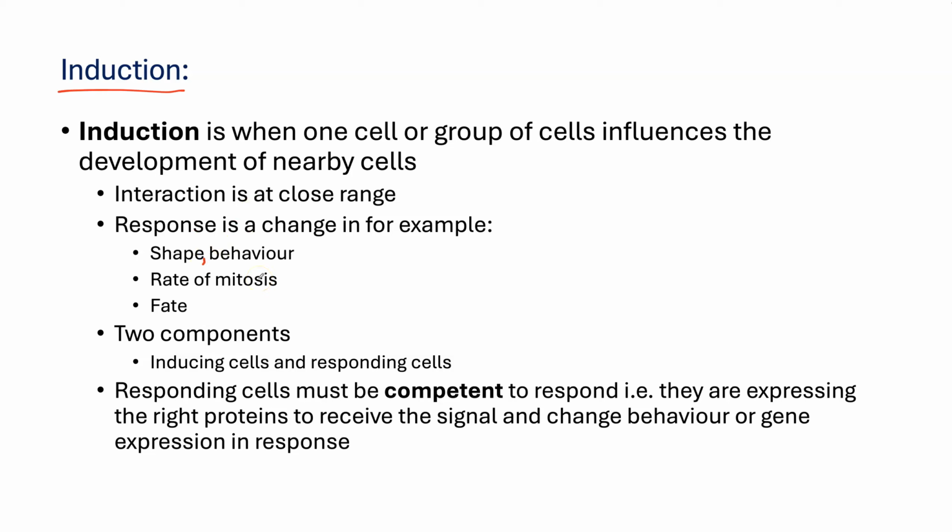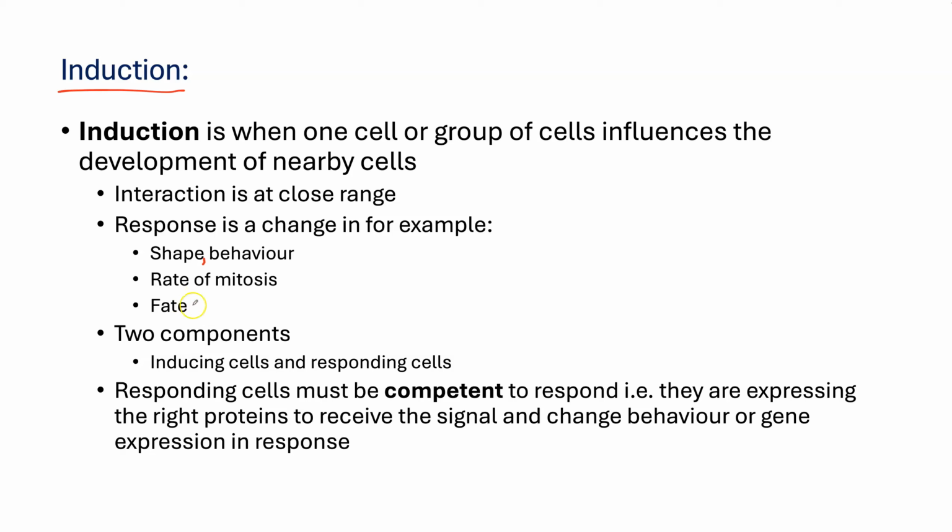And by behavior, we mean things like maybe the cells start migrating or moving around, or maybe they start sending out processes to make connections, like if it's a nerve cell or something like that. So the cells do something in response. They might change their rate of mitosis, so they might start dividing more quickly, or they might slow down the rate of mitosis.